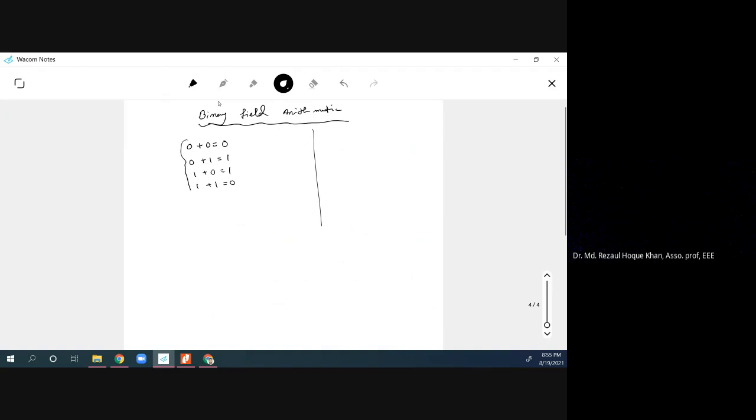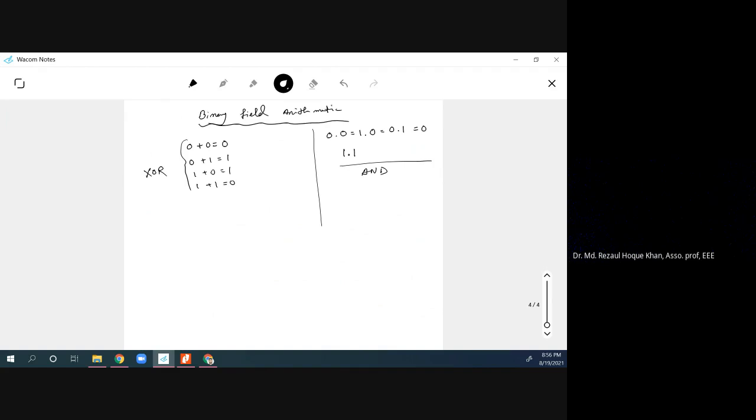What kind of operation is happening here? It's nothing but the XOR operation. And the AND operation is: 0 and 0 is 0, 1 and 0 is 0, 0 and 1 is 0, and 1 and 1 is 1.